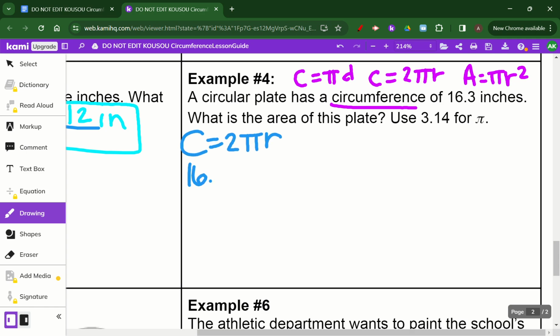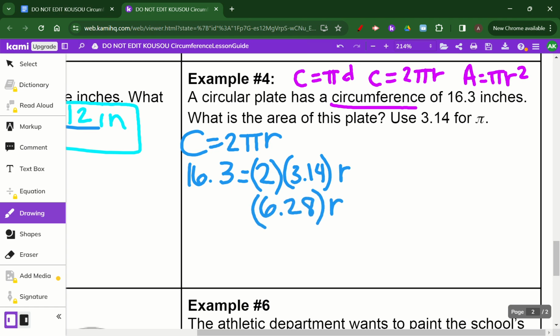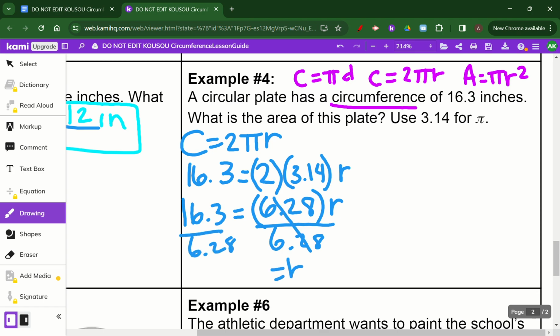C is 16.3 equals 2 times 3.14 times the radius. Well, 2 times 3.14 is 6.28. Now we're going to divide each side by 6.28. And we get r is equal to 2.59.